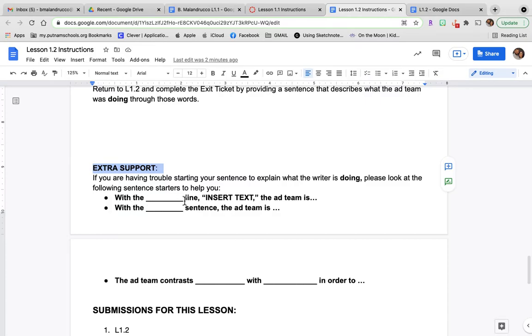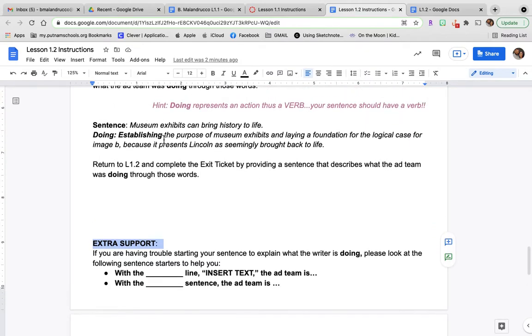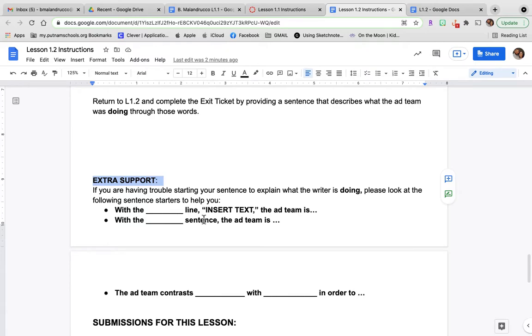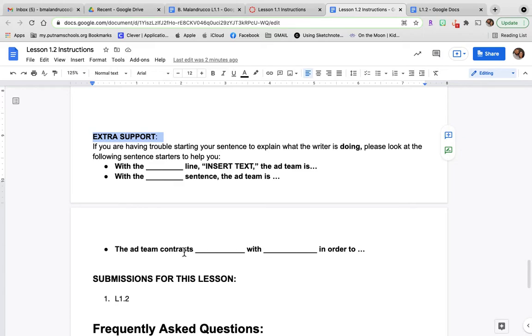With the blank line, insert the text, the ad team, that's kind of what I did up here. If I were to say, with the opening line, museum exhibits can bring history to life, the ad team is establishing the purpose of blah, blah, blah. With the blank sentence, the ad team is, or the ad team contrasts blank with blank in order to, what is it doing? So there should be a verb here. There should be a verb here and a verb here.